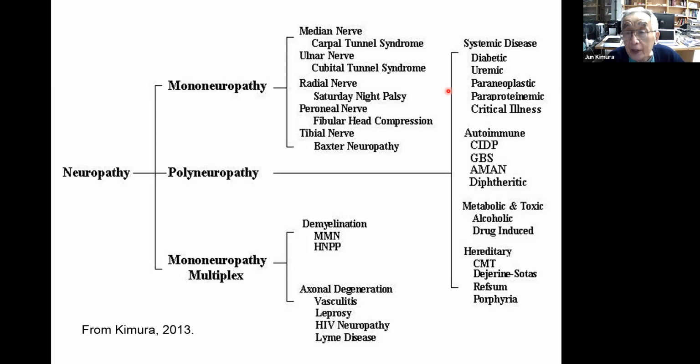And therefore, you have to use different techniques when you study mononeuropathy as compared to when you study polyneuropathy. And we use, for mononeuropathy and mononeuropathy multiplex, short segmental stimulation.